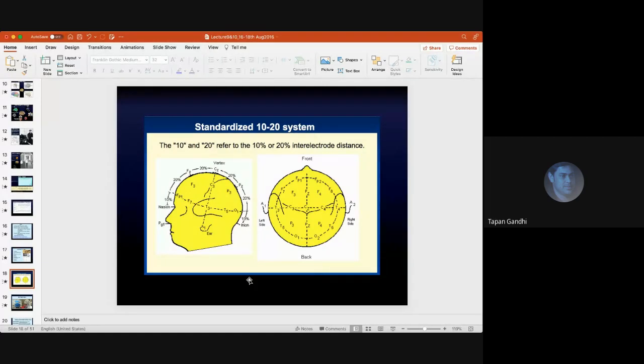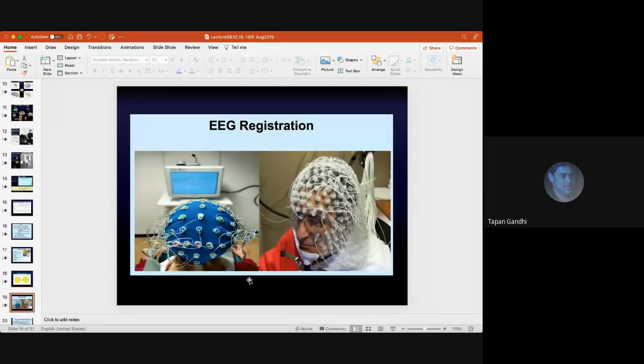Otherwise, people will try to place their electrodes according to their own understanding, right? And this is not a good idea, because when you publish results, in order to understand them nicely, people have come up with one standard electrode placement system, which is called the 10-20 electrode placement system. Okay, and using this system, you can see here how it looks.